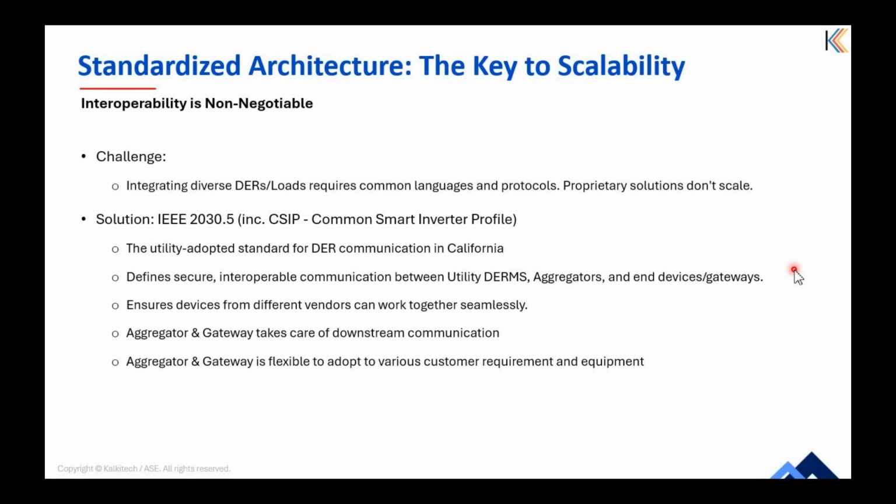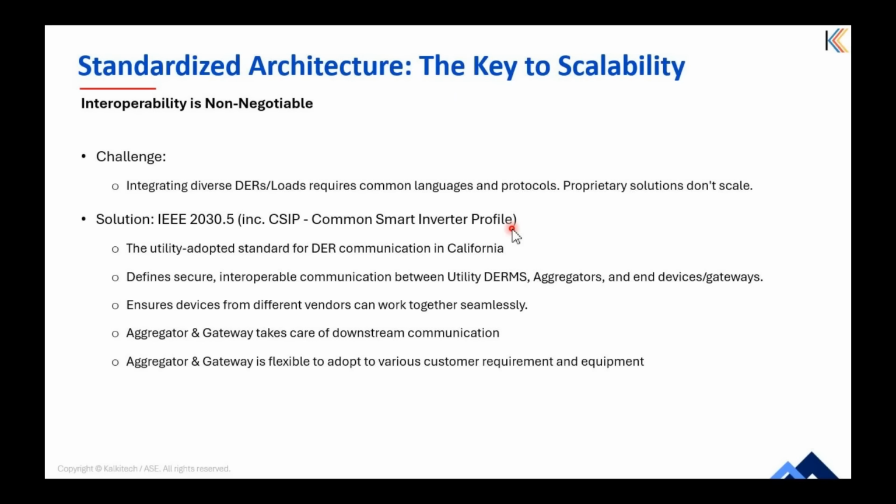So the solution widely adopted here in California PG&E territory is the IEEE 2030.5 standard, which incorporates the common smart inverter profile. This standard defines the common language for secure and interoperable communication between the utility DERMS and aggregators like ASCs or Kalkitech, and the end devices or the gateways installed at the customer sites.